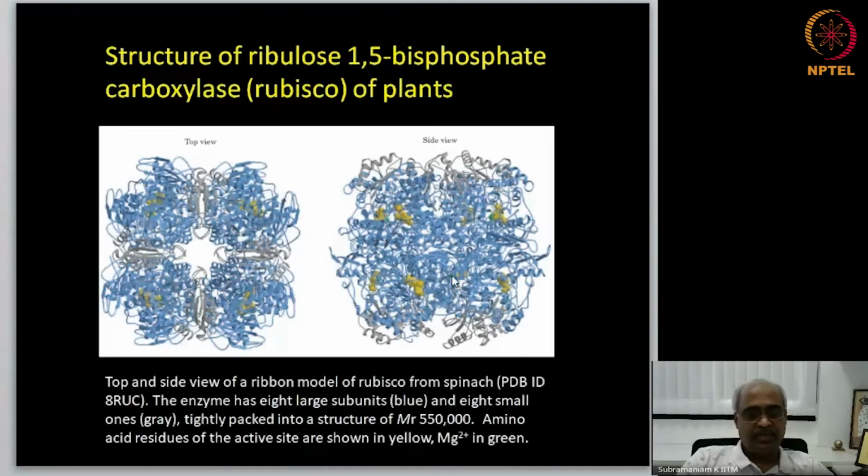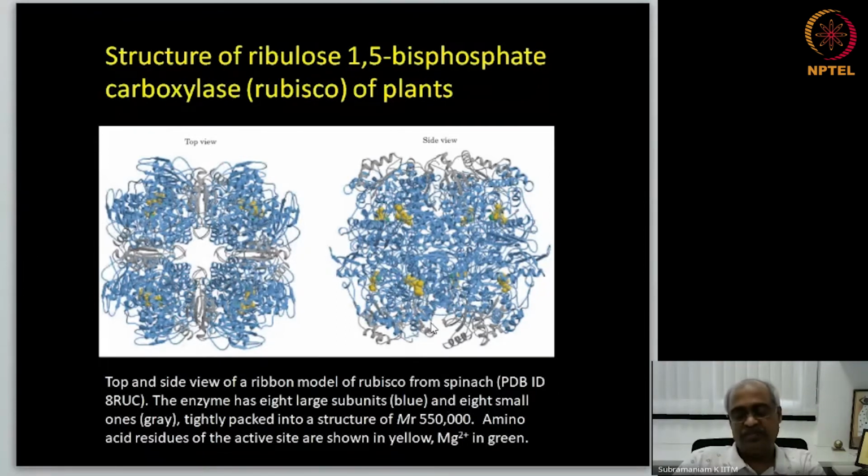And you see magnesium in green here, and that's the main component in the catalysis. We will see that as we go along. So I was emphasizing during our journey along with the electrons the importance of the vitamins.